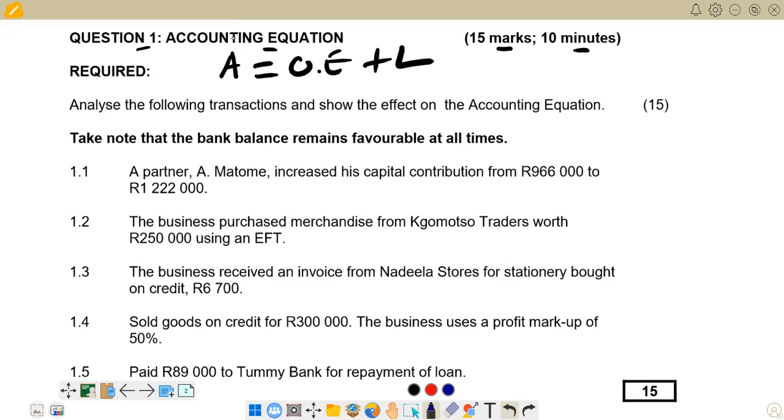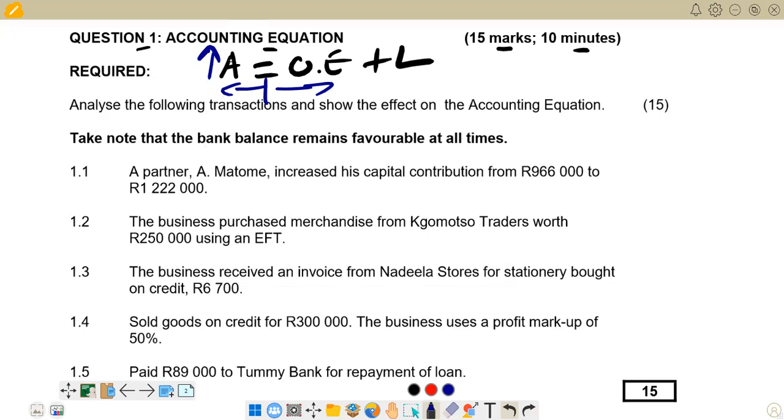The total of the left-hand side should be equal to the total of the right-hand side, whatever effect the transaction has on the 3 elements.